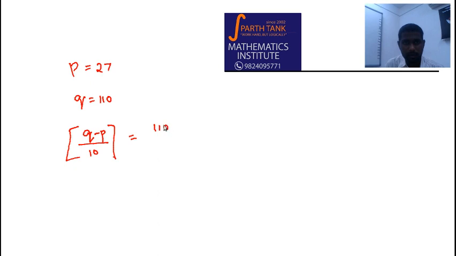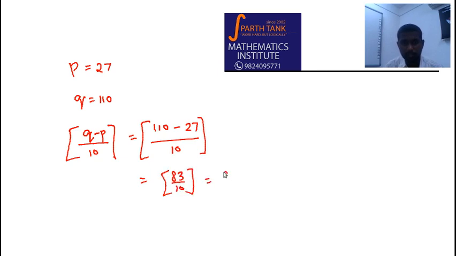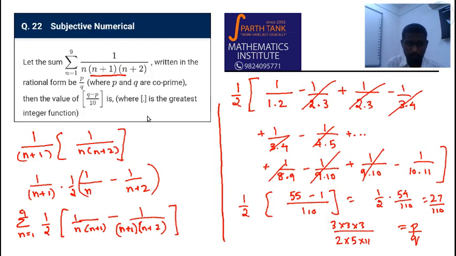So q is 110 minus p is 27, by 10. This becomes 83 upon 10, which is 8.3, right? The greatest integer function of 8.3 is 8 again. So the answer to this problem is also 8.